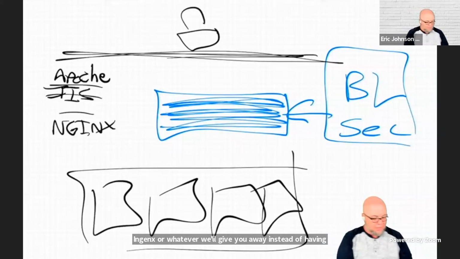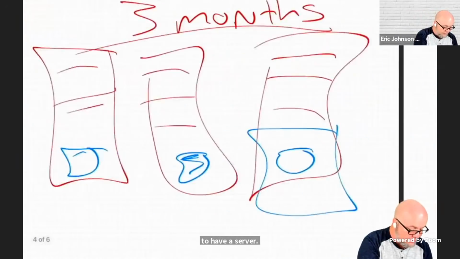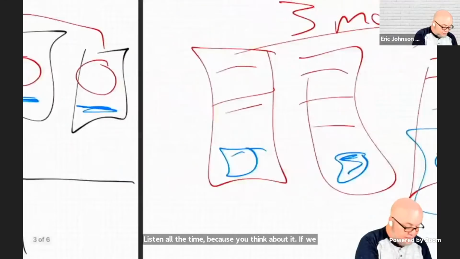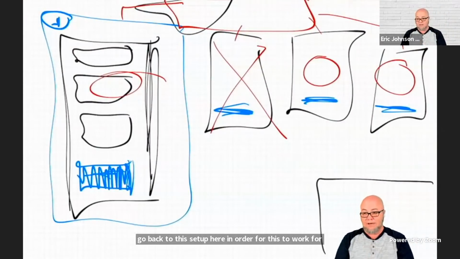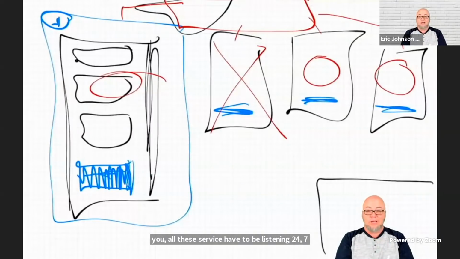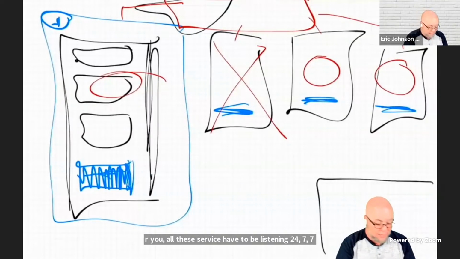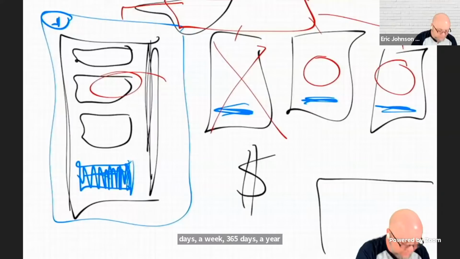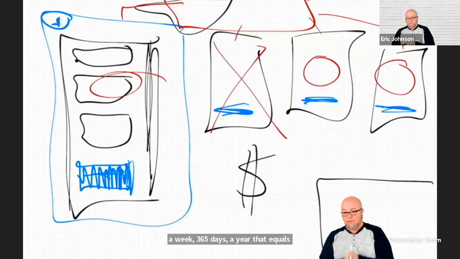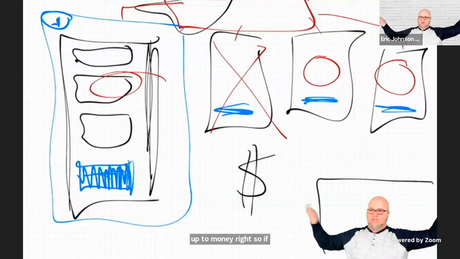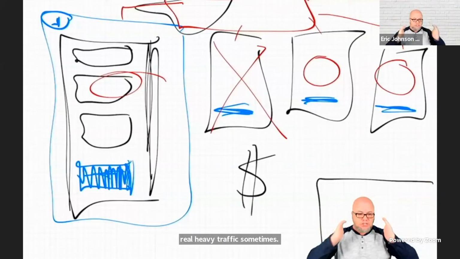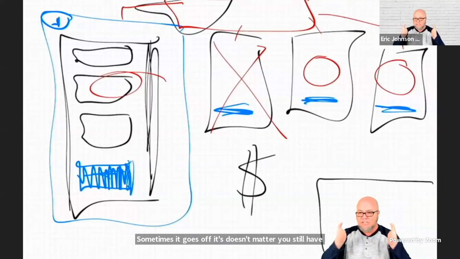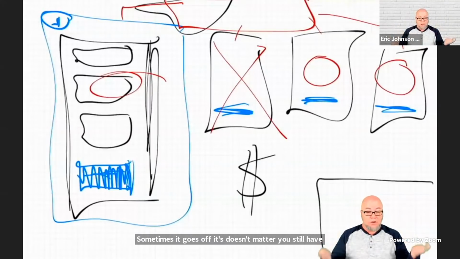Because if you think about it, if we go back to this setup here, in order for this to work for you, all these servers have to be listening 24/7, 365 days a year. And that equals up to money, right? If your traffic is real heavy sometimes and then it goes off, it doesn't matter. You still have to have these servers in place to handle all of it, whether they're being utilized or not.